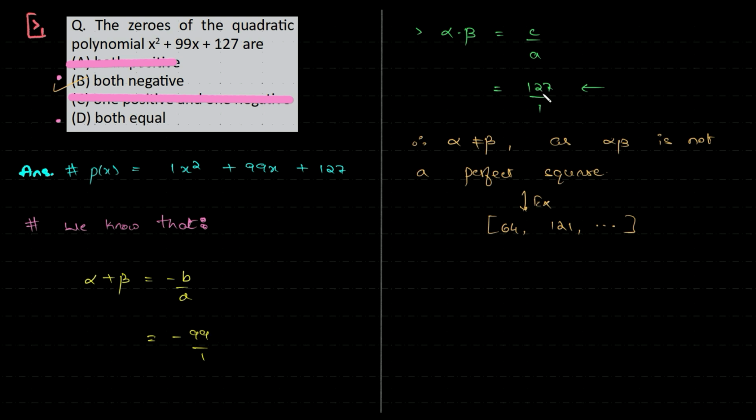If it was a perfect square like 64, alpha plus beta would have been minus 16, something like that. So it would be very obvious to you.